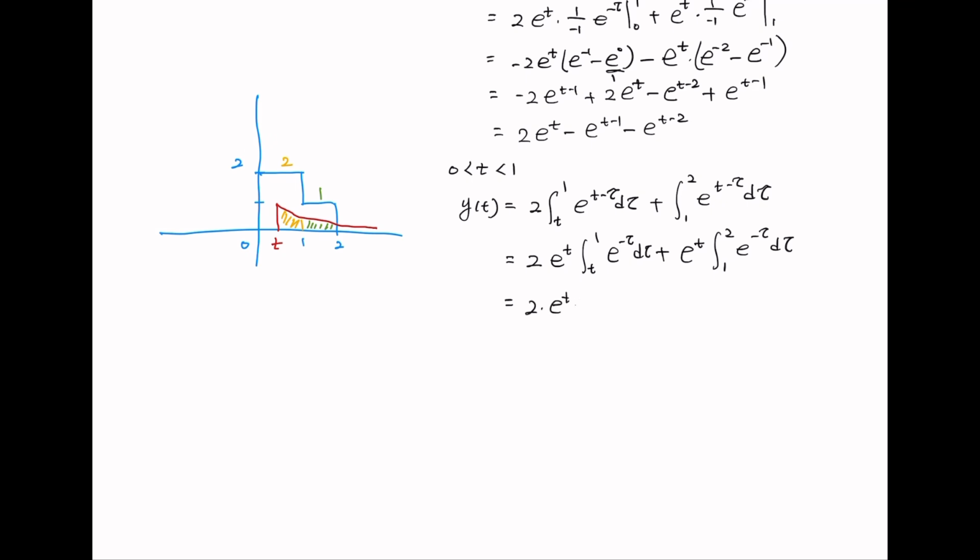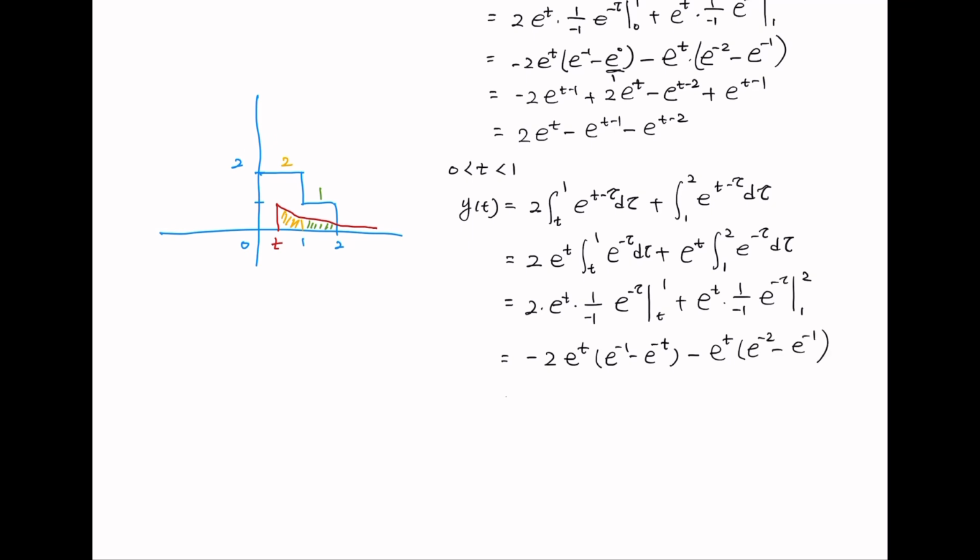Then that is 2 times e to the t times 1 over negative 1 times e to the negative tau, going from t to 1, plus e to the t times 1 over negative 1 e to the negative tau, going from 1 to 2. That is negative 2 e to the t times e to the negative 1 minus e to the negative t, minus e to the t times e to the negative 2 minus e to the negative 1.